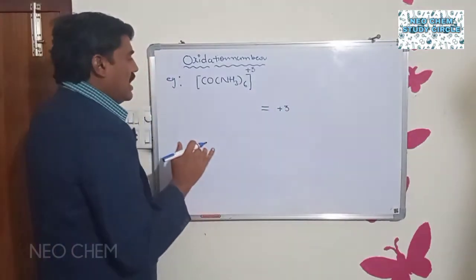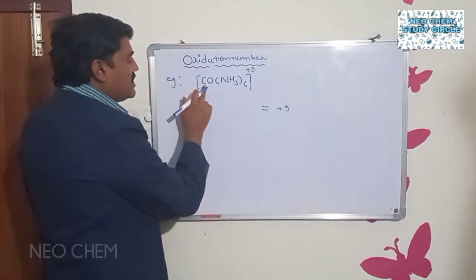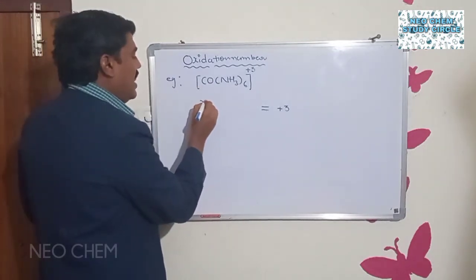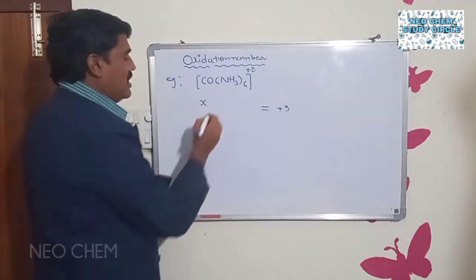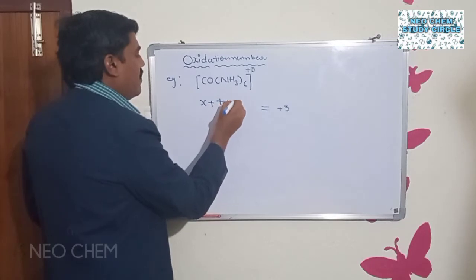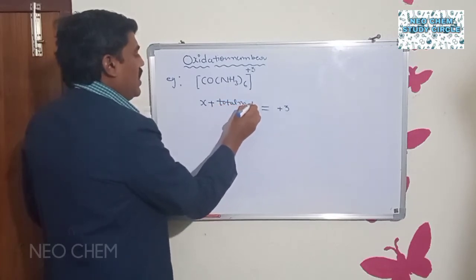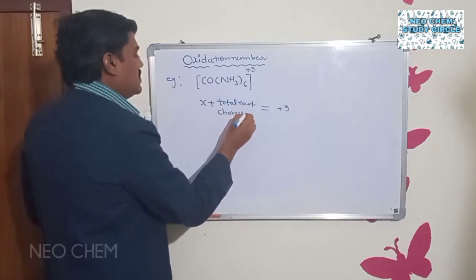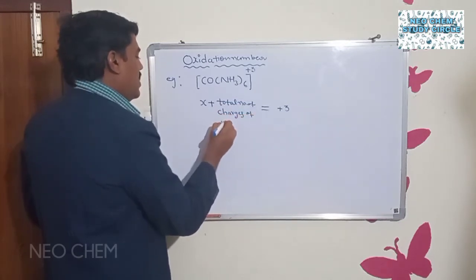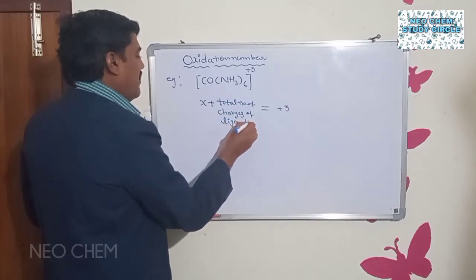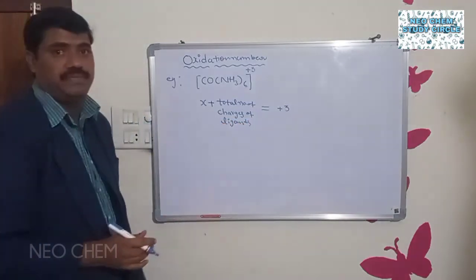Next, now let the oxidation number of central metal atom be X, plus total number of charges of ligands. Total number of charges of ligands on the left hand side of the equation.